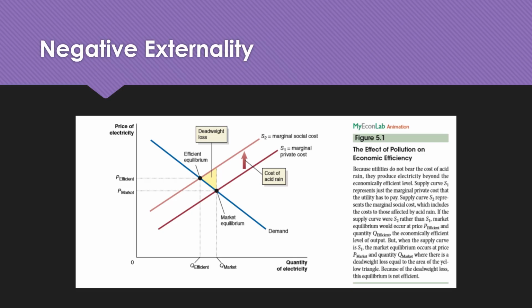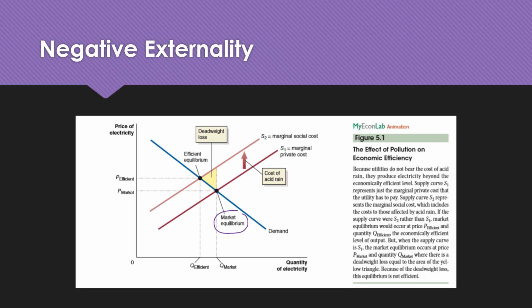So the way we represent externalities in our supply and demand model is, again, we have the point where quantity supplied is equal to quantity demanded, so we have our market equilibrium right like before. And so we have an equilibrium price at market equilibrium, we have an equilibrium quantity at market equilibrium.